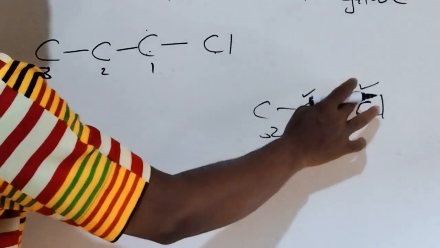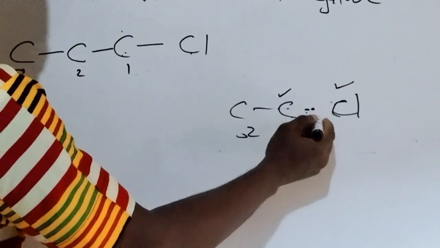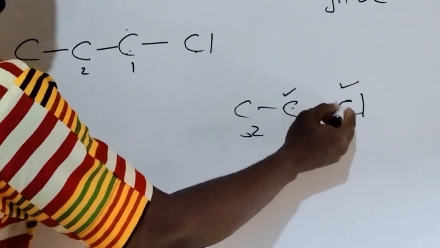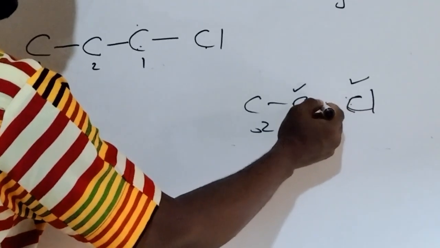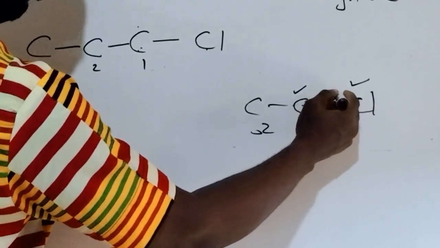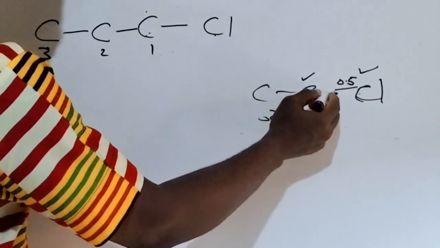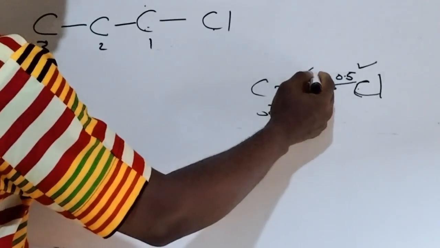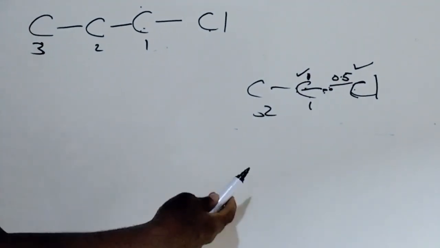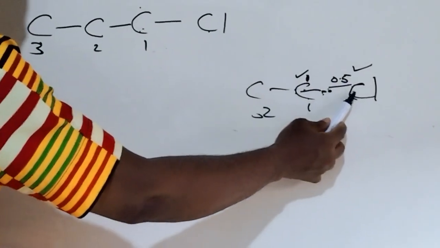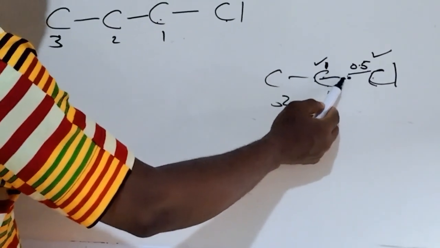Maybe the distance between the chlorine nucleus and the electron could be 0.5 inch, while the distance between carbon and the electron could be 1 inch. As you observe, the electron is closer to chlorine compared to carbon.